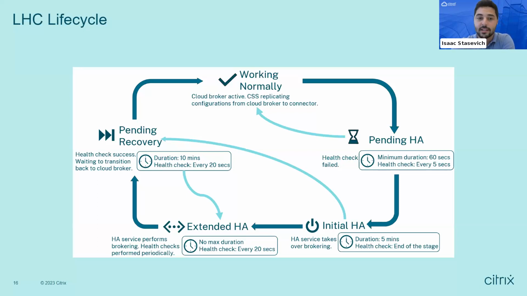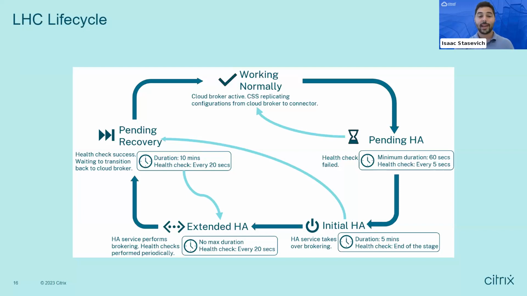Every 5 seconds, it's going to check whether or not the service is back up and running. This is to eliminate any false positives, so we're not failing over to localhost cache if there's actually not an outage and it was just a small blip. After that minute, the delivery controllers decide we are going into localhost cache mode.